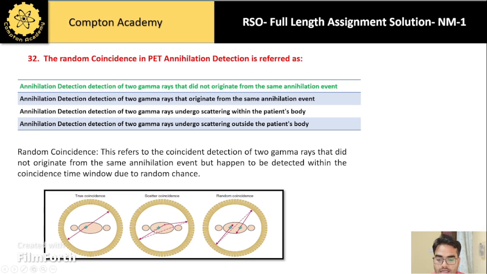In the scattered coincidence, it is from the same annihilation event, but it is going in a different direction. The random coincidence is from random positions, not originating at the same annihilation event, and it happens due to detection within the coincidence time window by random chance. So the annihilation detection of two gamma rays that did not originate from the same annihilation event is called a random coincidence in the PET annihilation detection.